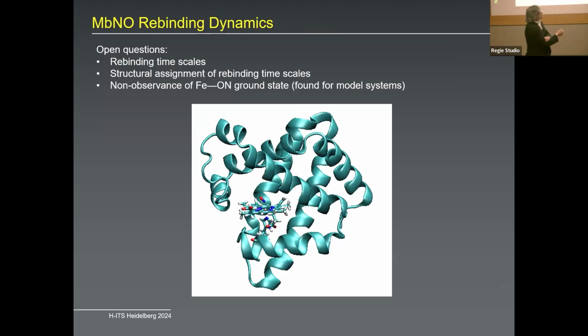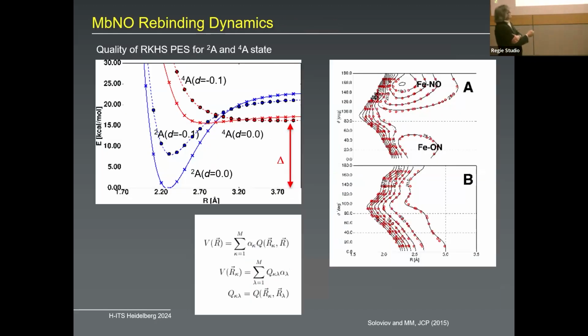So, for example, one observes two rebinding timescales, and the question was, what are they due to in conformation space? These are the two surfaces of the ground state and of the electronically excited state. We need both of them. We use reproducing kernels, just what I explained before, in 3 dimensions, for NO interacting with the iron.